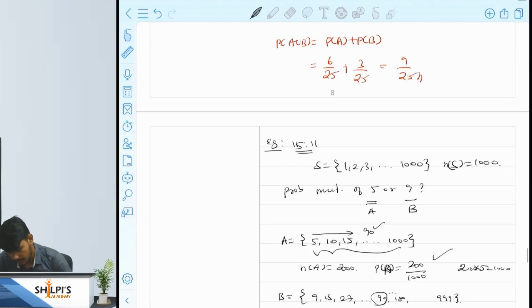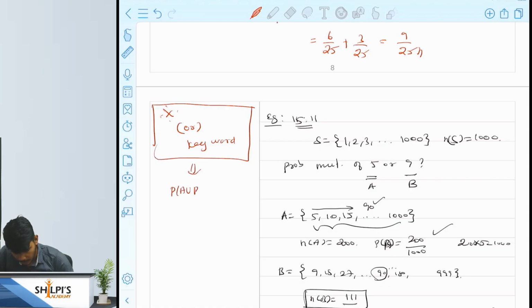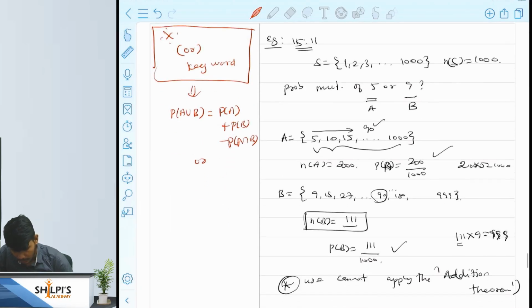To solve this type of question, you can use the OR keyword. So if you find any OR keyword in the question, definitely to solve that question we will use this formula, either this formula, or if A and B are mutually exclusive, we will use this formula.